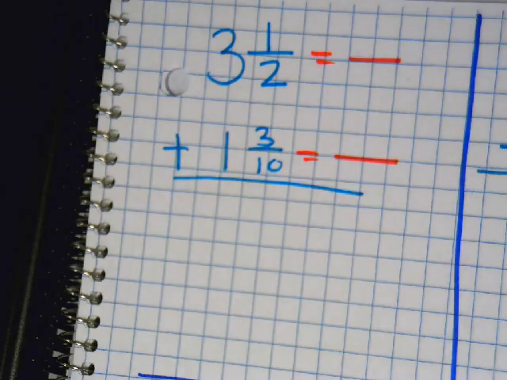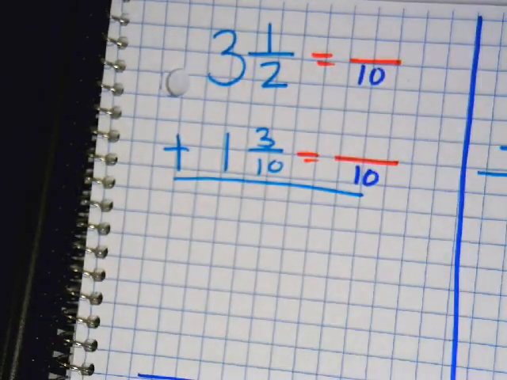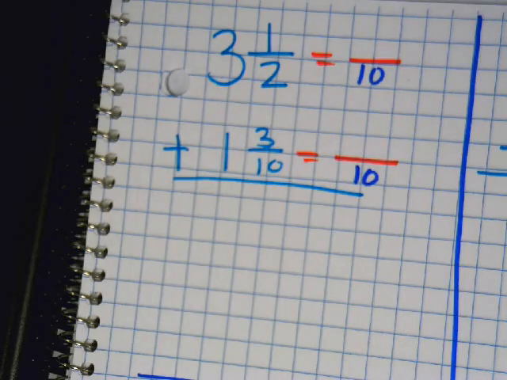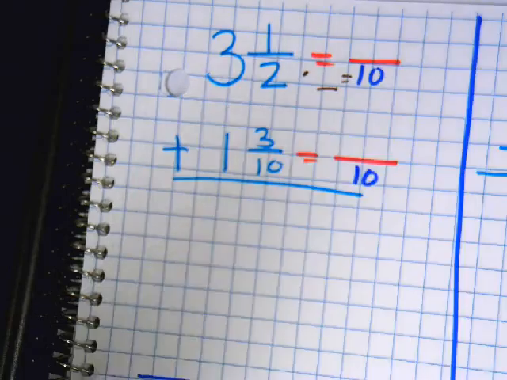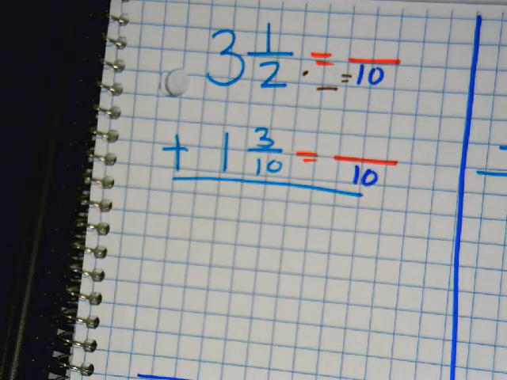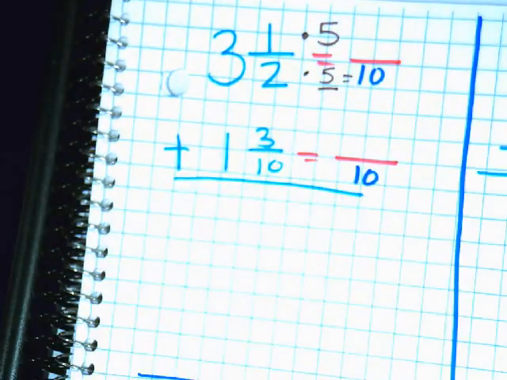Very good, 10. So then you ask yourself, what do I multiply 2 to equal 10? 5, right? So I'm going to write times 5, times 5.